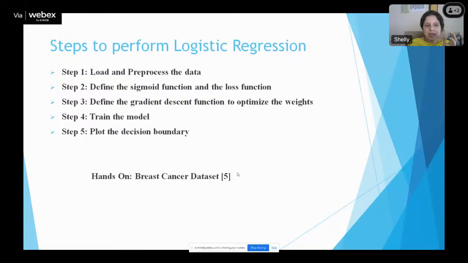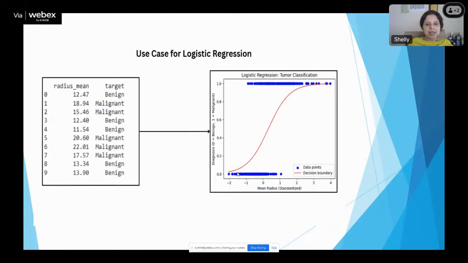So that's how you categorize it: starting from the data collection, then defining a sigmoid function and a loss function, defining the gradient descent function to optimize the weights, then training the model, and finally plotting the decision boundary, where the plot will be something like this.